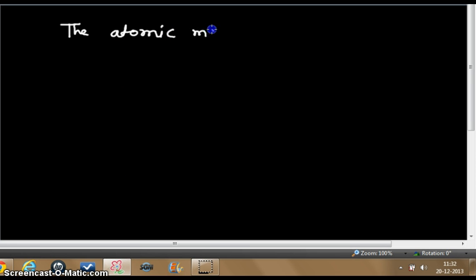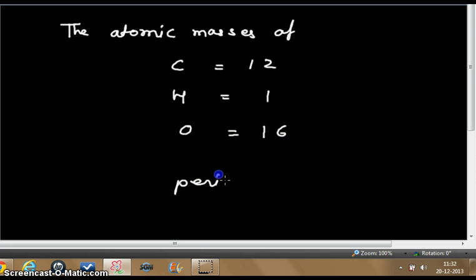The atomic masses of carbon, hydrogen and oxygen are 12, 1, 16 as obtained from the periodic table.